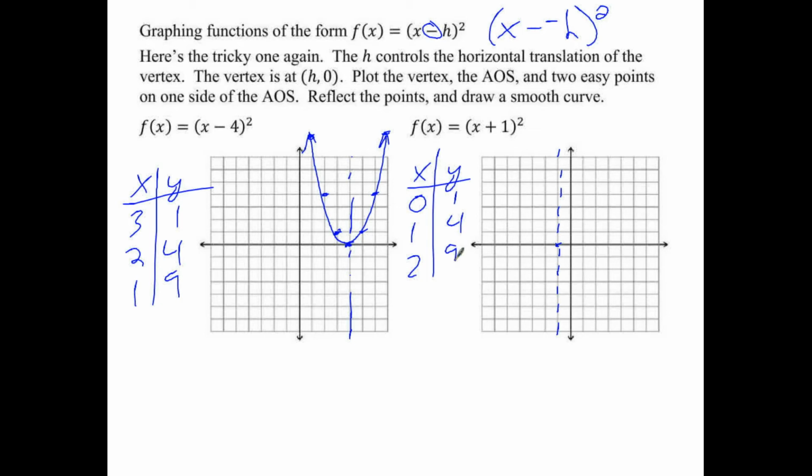Now what? Plot them. 2, 7, 8, 9. And then reflect them. And then draw in your parabola.